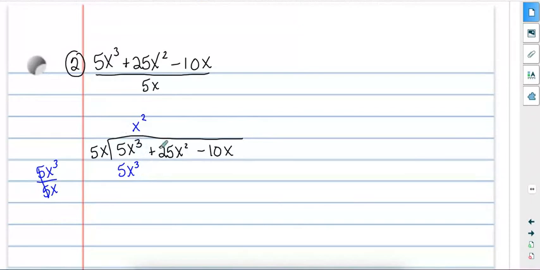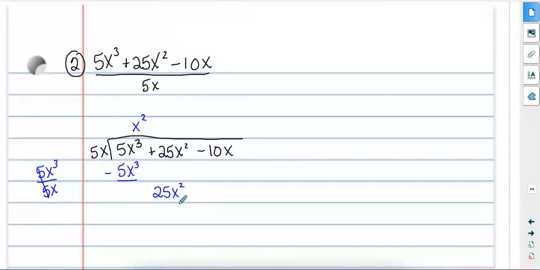Now, because of the rules, when you're doing long division, you have to subtract. And when you do, you get 0. Then you can bring down 25x squared. So we're going to bring it straight down. So how many times does 5x fit into 25x squared? Well, I know 5 times 5 is 25.